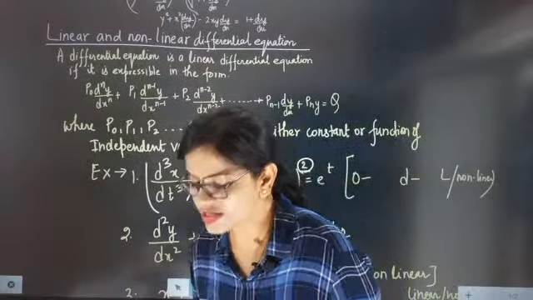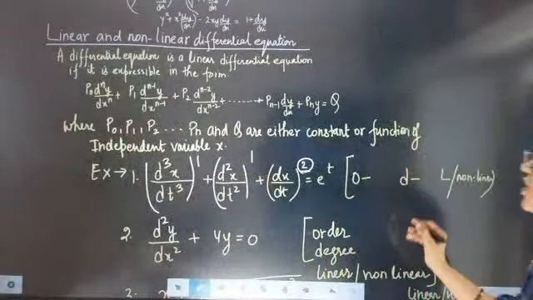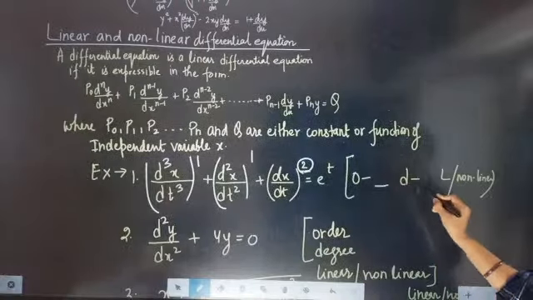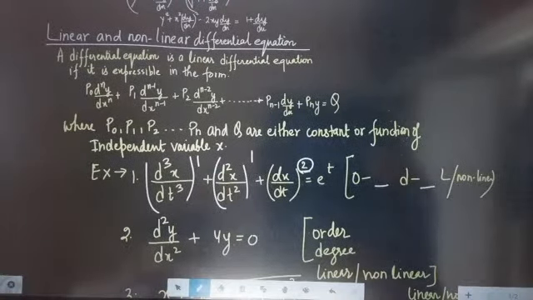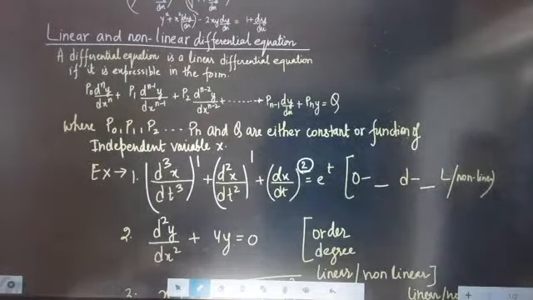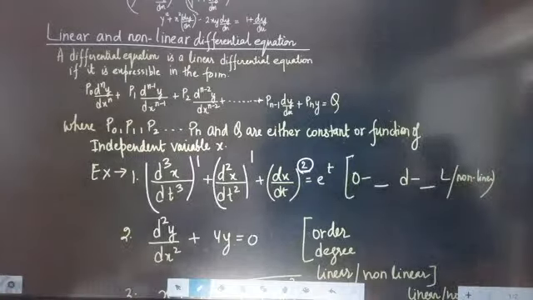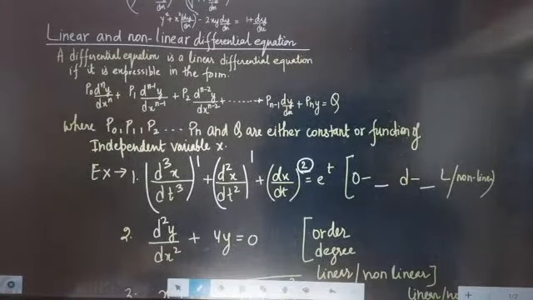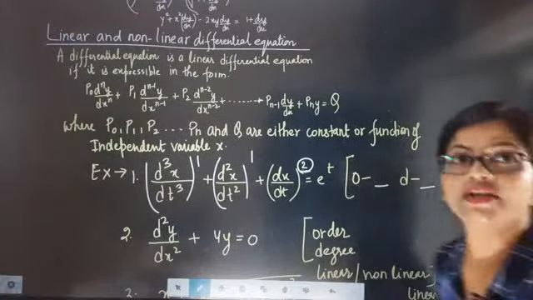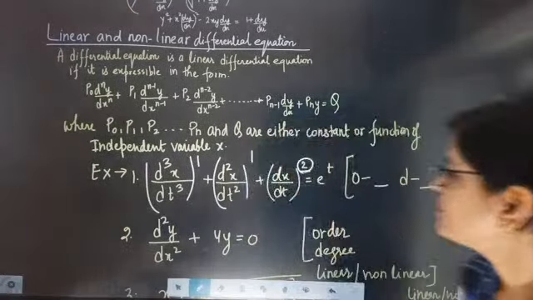Since the degree is greater than 1, what is the order, what is the degree, and is it linear or non-linear? You have to answer all 3 now: order, degree, linear, non-linear. Come on, answer the question, beta.